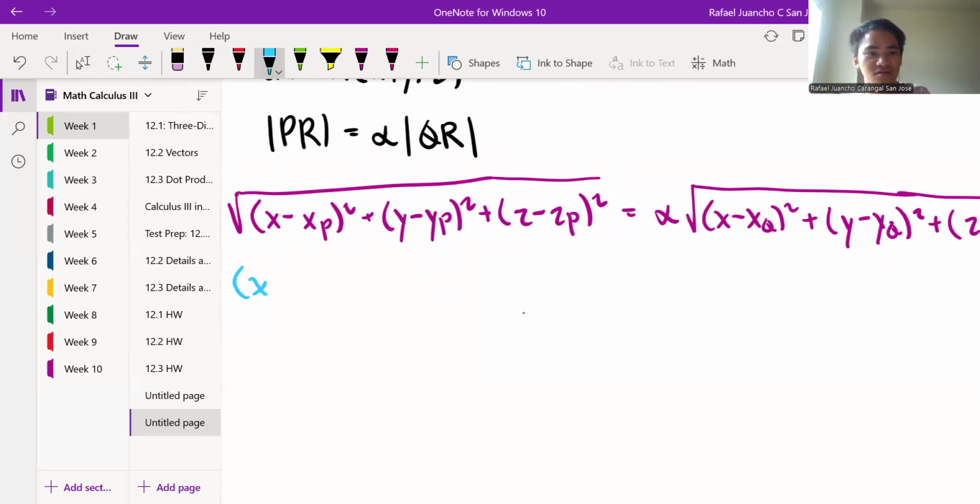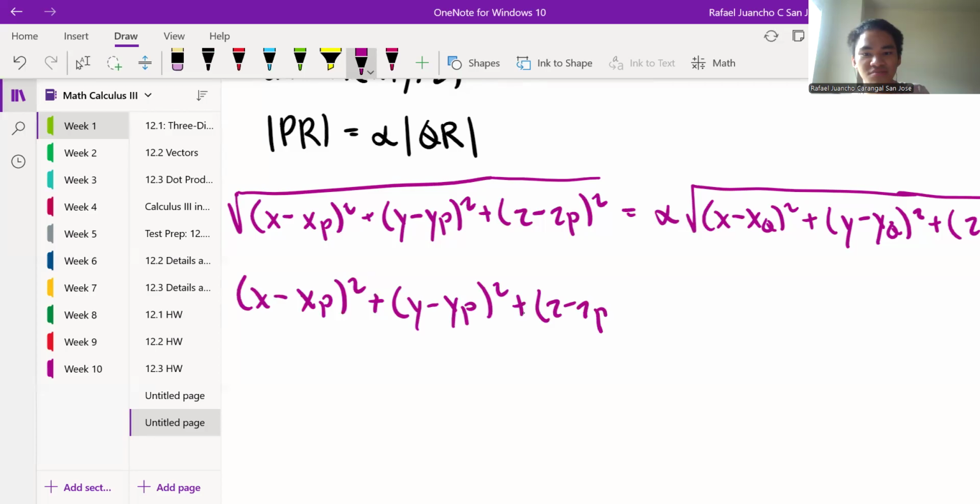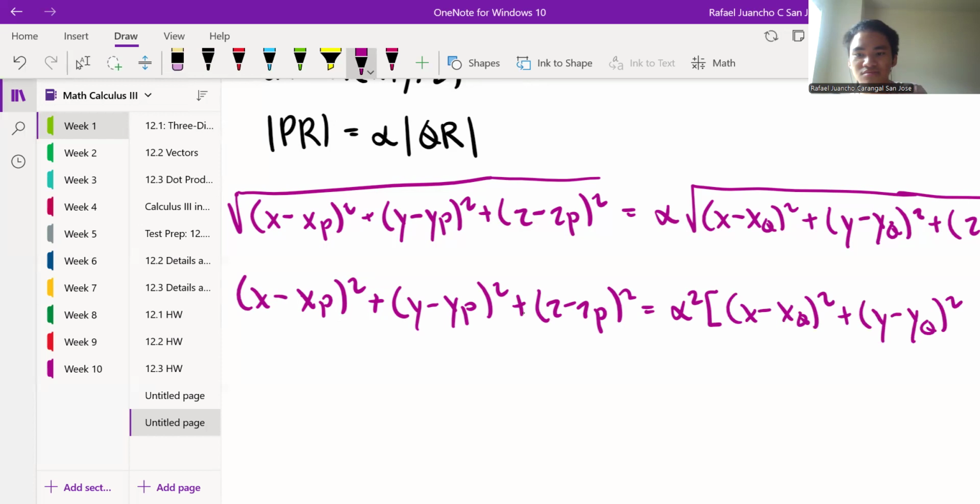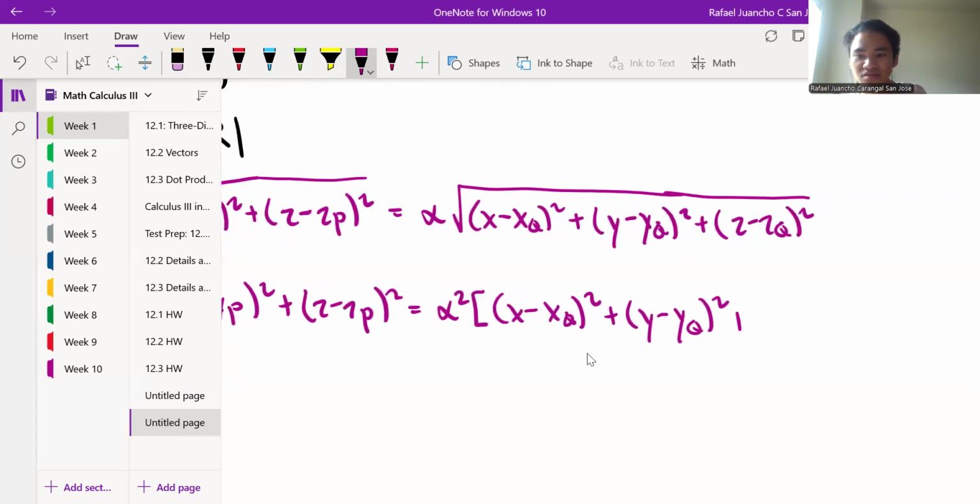So it's going to be, using the same color, X minus XP squared, Y minus YP squared, Z minus ZP squared, and this is alpha squared. And here we do the same thing, X minus XQ squared, Y minus YQ squared, and Z minus ZQ squared.